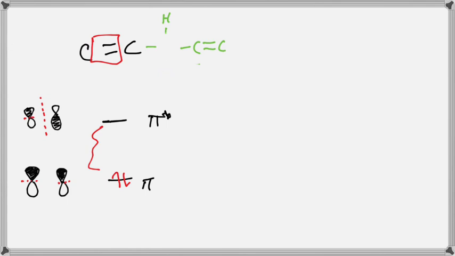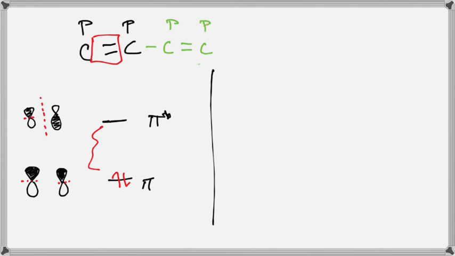What happens if I delete that carbon and I now create this system? Now what goes on? Well, I've got the P from that first one. I got the P from that one. Technically, I have the P's from those.